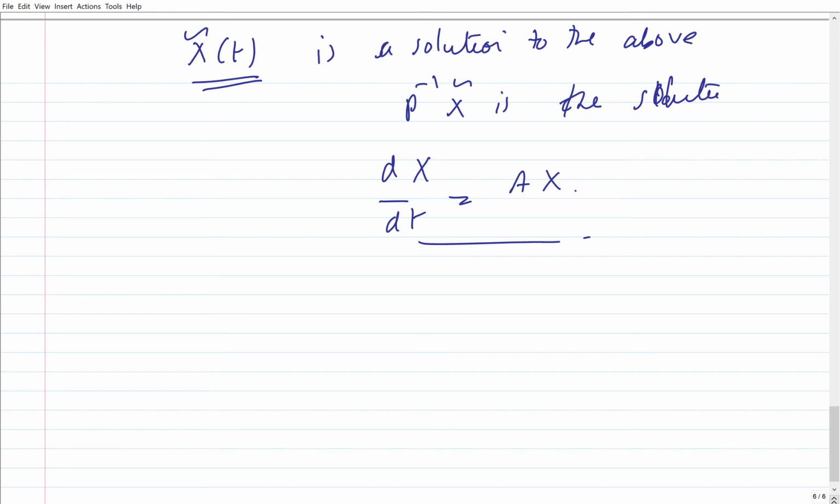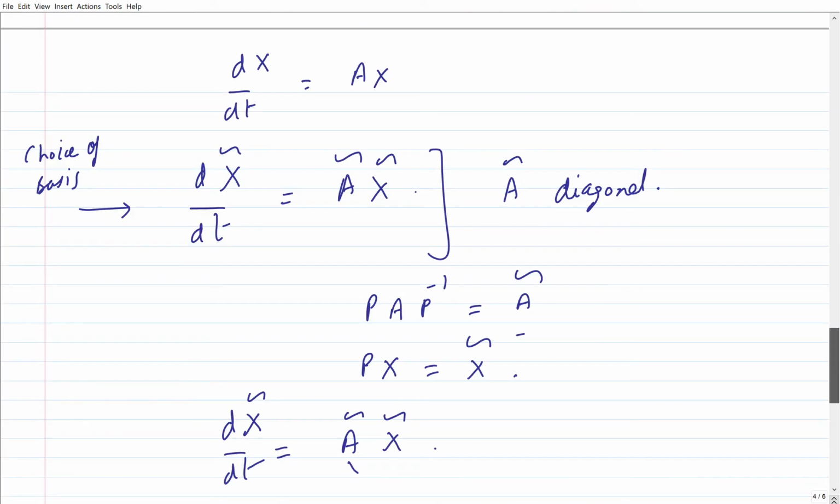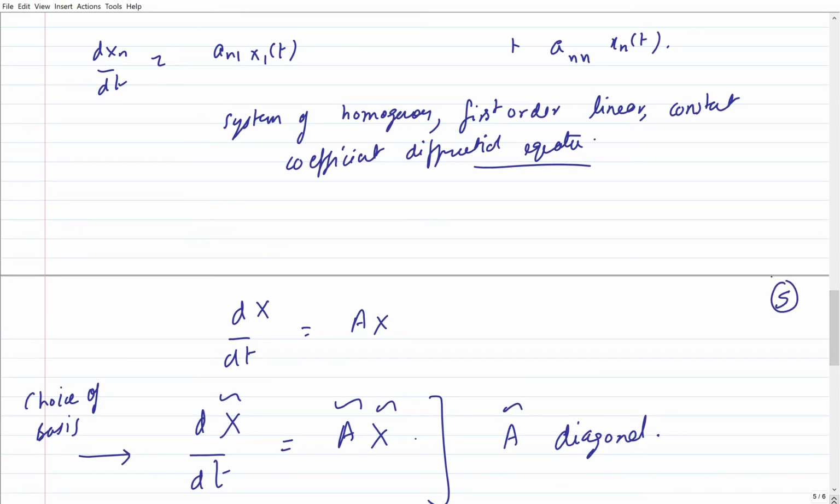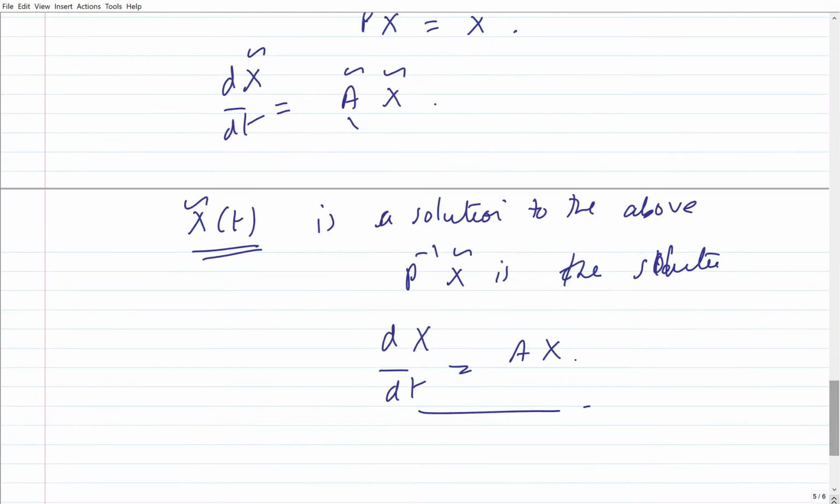So that is all there is to it. I think if we do some examples, that would be much easier. But essentially, that is the idea.